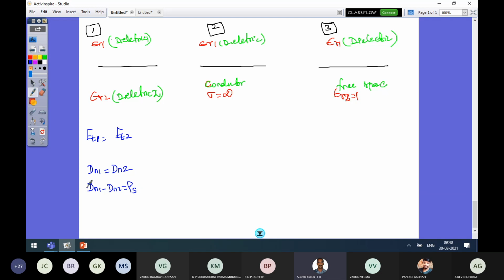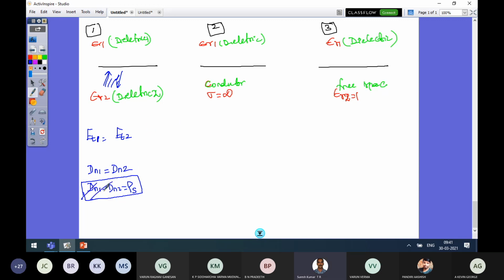While solving the problem, we may get confused between Dn2 minus Dn1 or Dn1 minus Dn2. That is related to the problem, so you need to look at it carefully: is the electric field going in this direction, or pointing in the opposite direction? That matters. So don't think of this as a universal equation. While solving, I will explain it.